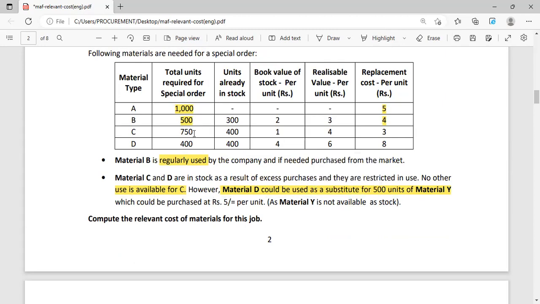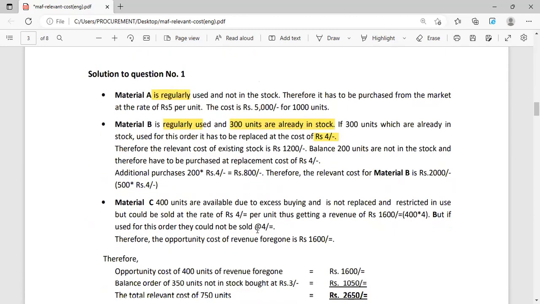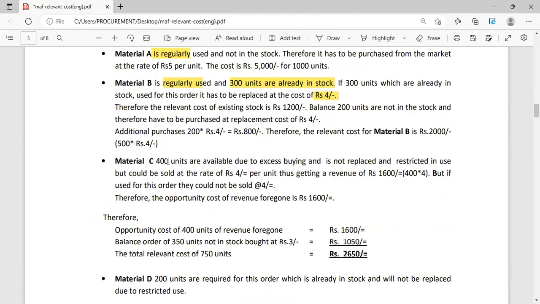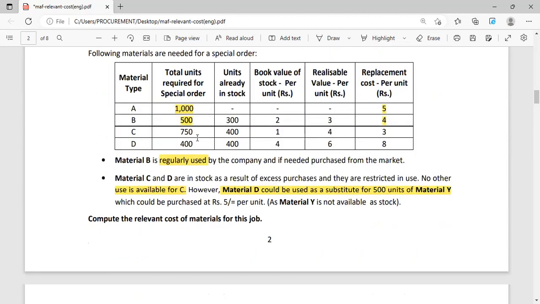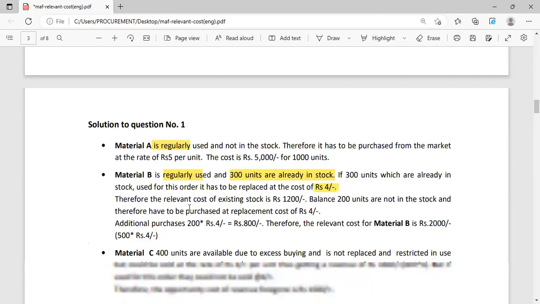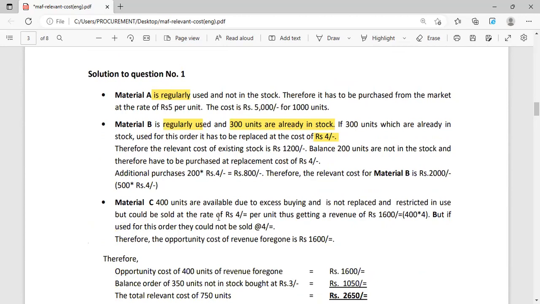Okay, so we are good with material B and material A. So let's go to material C now. Material C is 400 units. They have 400 units in store, but they need 750 units of material. So 400 units are available due to excess buying, and it is not replaced and restricted in use.